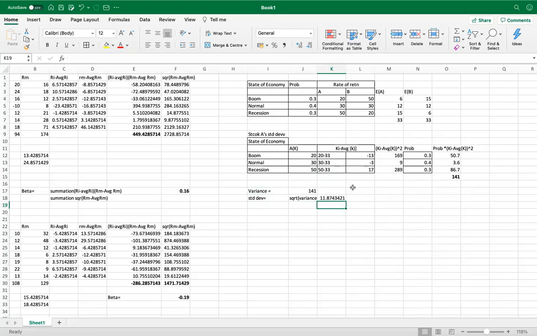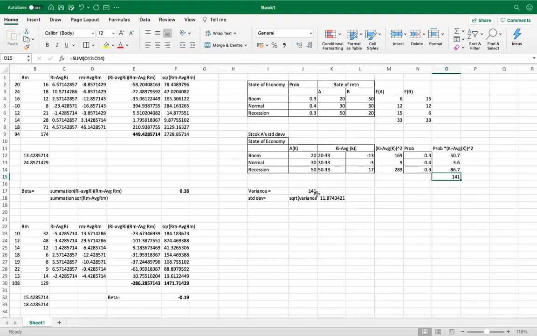Ma'am, how will the variance come out? I will tell you. The answer that comes here is the variance. Only when you take its square root do you get the standard deviation. The formula is summation of x minus x bar the whole square by n. Here n becomes 1, so we did a weighted average because the probability is given. x bar is 33. So x minus x bar came, then I squared everything, multiplied it with the probability, and added it up.